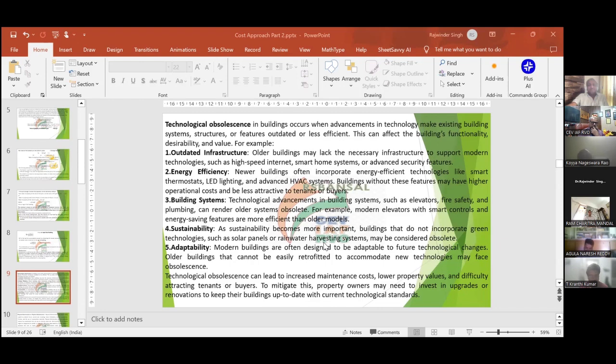So they cannot be retrofitted to accommodate new technology. If these cannot be done, then they become obsolete. So this is technological obsolescence. It occurs when the advancement in technology makes existing building systems, structures, features outdated or less efficient.